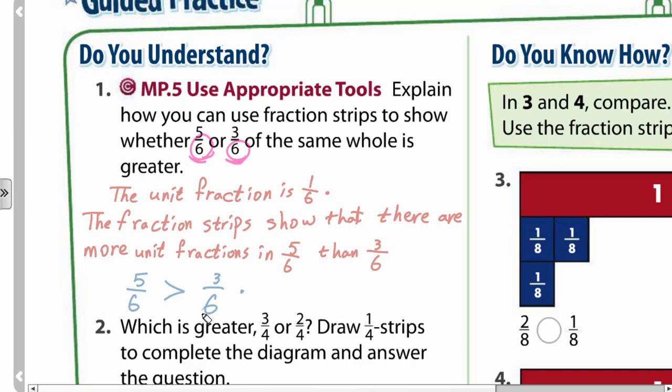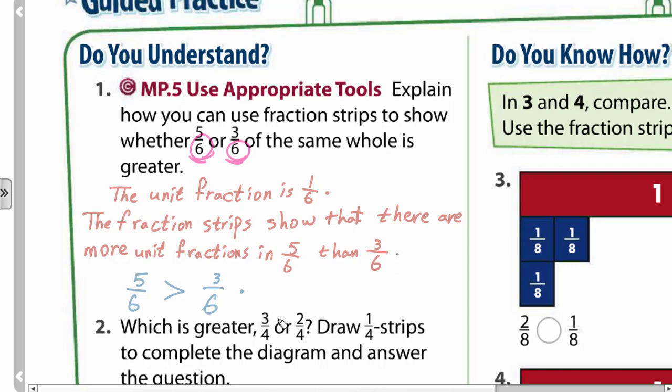Now you have time to write. Go ahead, write. Okay, I can write here 5 sectors.